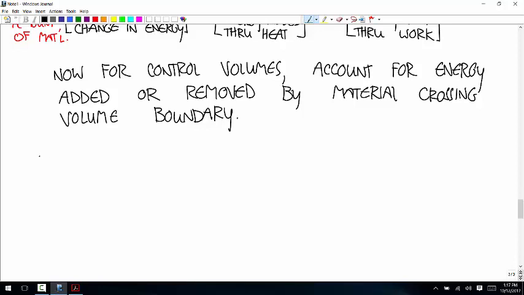So here's the time rate of change in energy. And this is in the control volume.